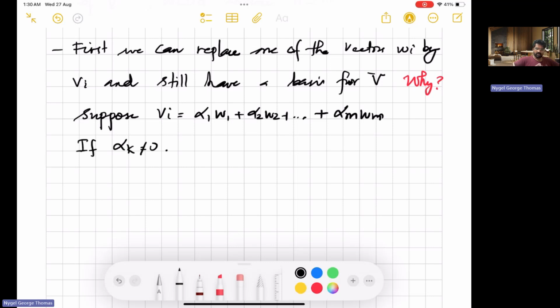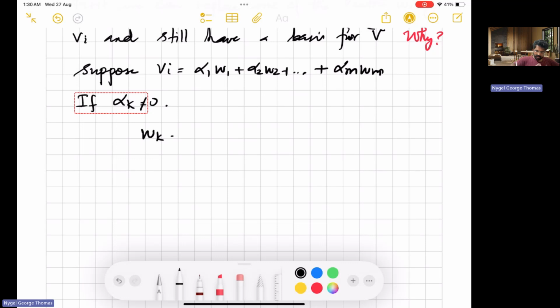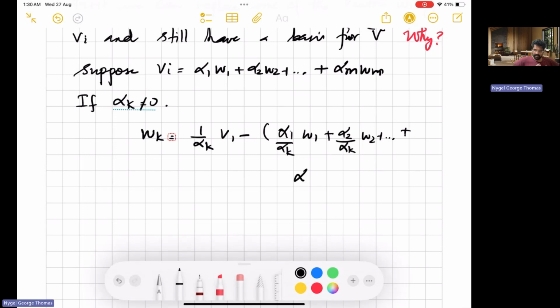If alpha k is not equal to 0, then wk can be expressed as 1 by alpha k v1 minus alpha 1 by alpha k w1 minus alpha 2 by alpha k w2 minus etc. minus alpha k minus 1 by alpha k wk minus 1 minus alpha k plus 1 by alpha k wk plus 1, minus etc. minus alpha m by alpha k wm.